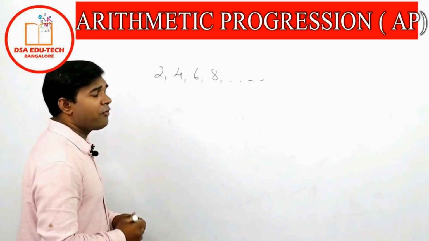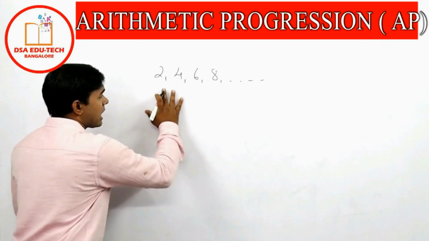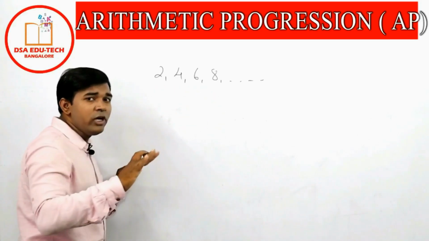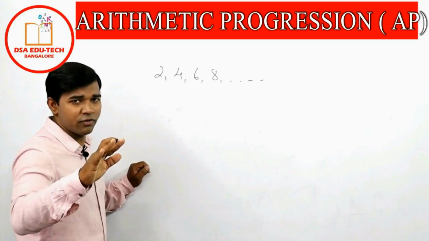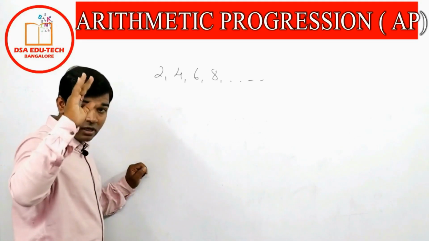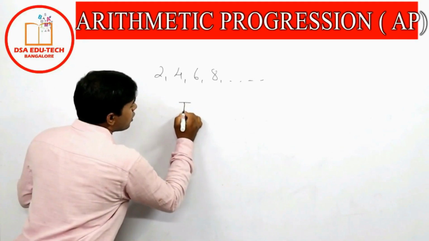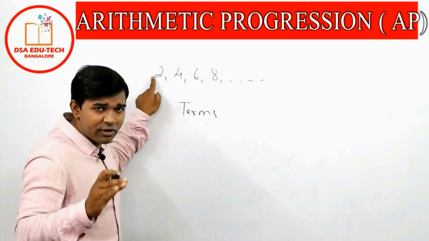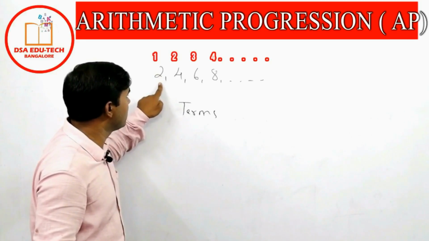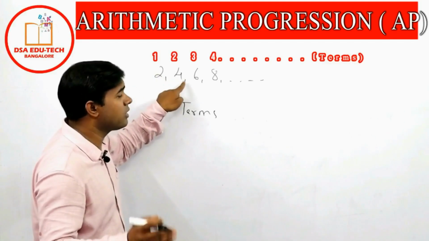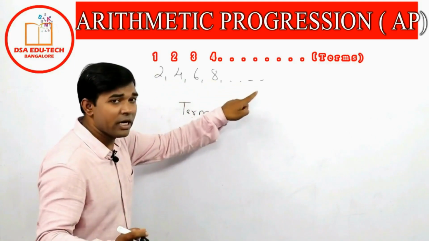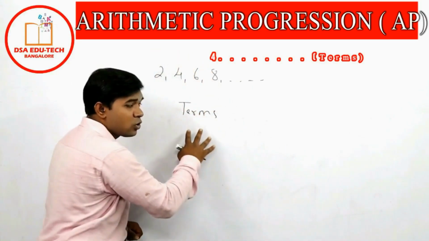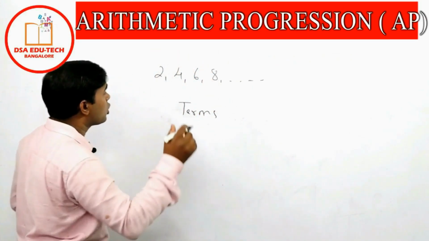From now onwards you will not call this a list of numbers, you will call them terms. Each of the numbers you will call a term. This is my first term, second term, third term, fourth term and so on. Altogether you will call them terms.